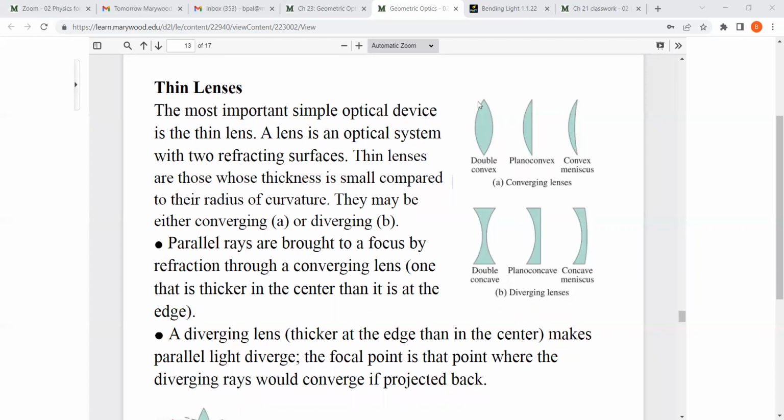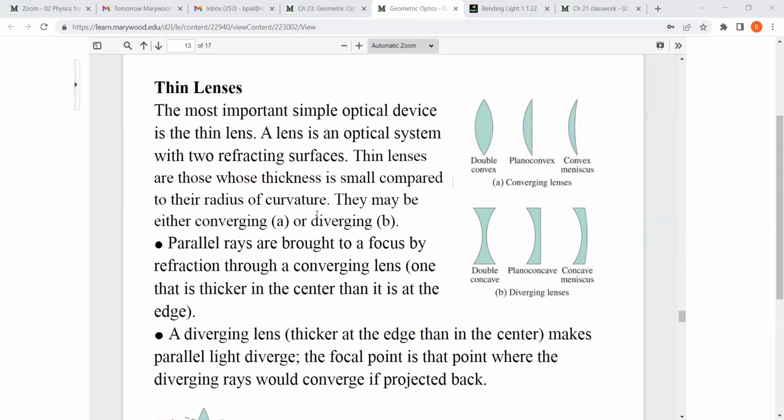Now here you see we have two spherical parts. Here we have one part, here we have one part, and for this one we also have one and one. Because we have two spherical parts, both the double convex lens and the double concave lens have two focal points and two focal lengths.